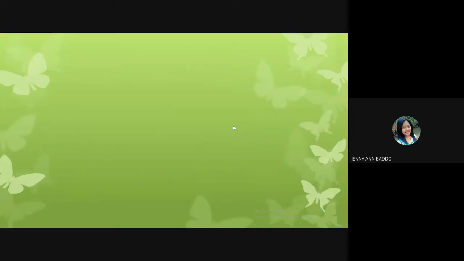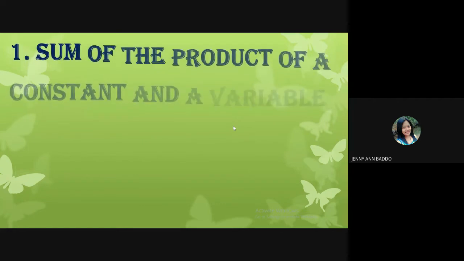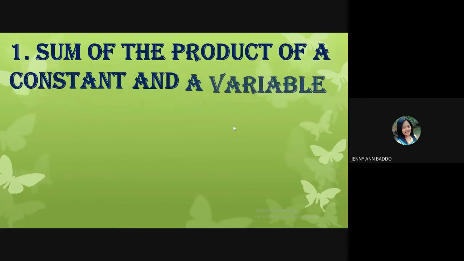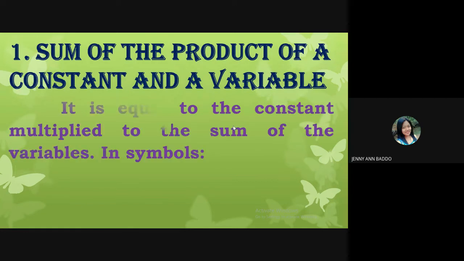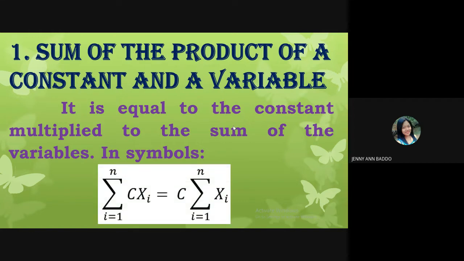We have 7. Starting off with the sum of the product of a constant and a variable. It is equal to the constant multiplied to the sum of the variables. In symbol, we have summation of c x sub i, where i ranges from 1 to n, or we can have c times the summation of x sub i, where i ranges from 1 to n.